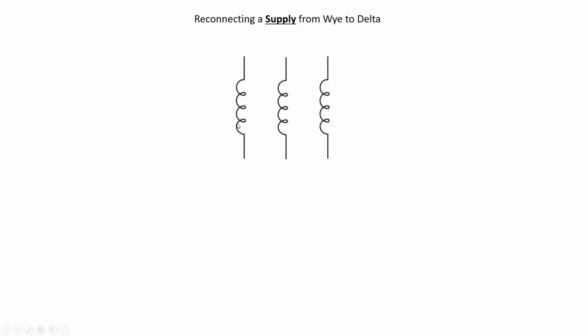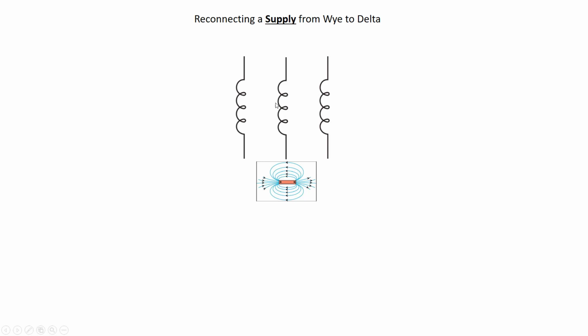If we're looking at a supply, we're looking at the 3 coils on a 3-phase generator or the secondary of a 3-phase transformer. In either case, we'd have a relative motion between these conductors or coils of wire and a moving magnetic field.